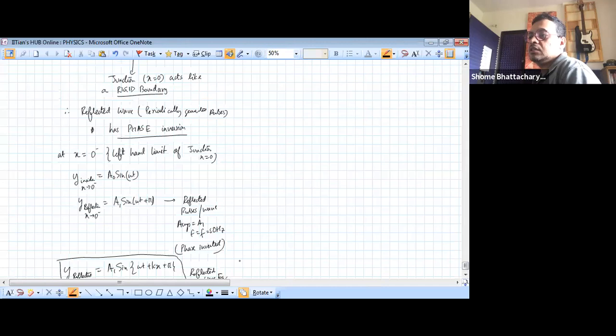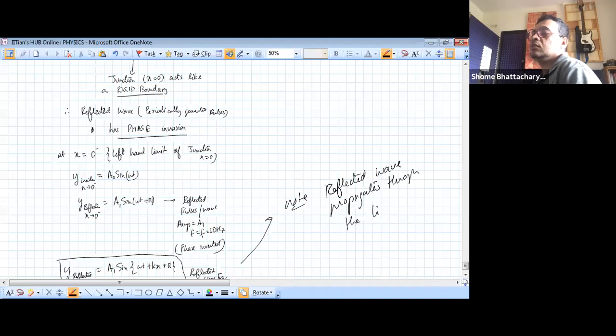So just one thing here, the reflected wave propagates through the light string, which is in the x less than 0 region. So that's why lambda of the reflected wave is equal to lambda of the incident wave, which is 1 meter. K of the reflected wave is equal to k of the incident wave, which is 2 pi radians per meter.